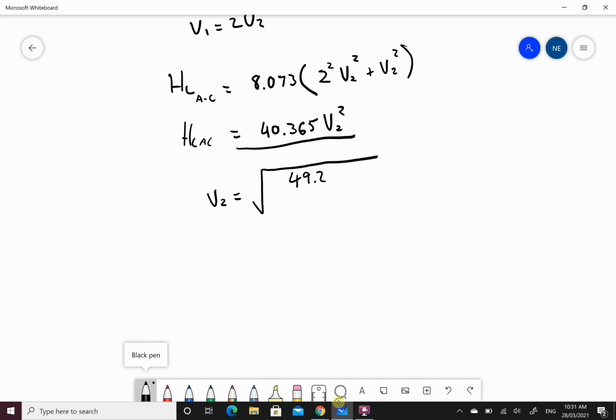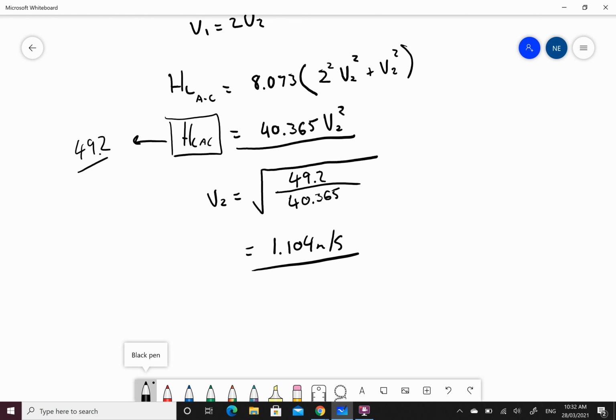This is what we found from Bernoulli, divided by 40.365. What I end up with is a new velocity of 1.104 meters per second. So this is the new V2 split between my 2 pipes.